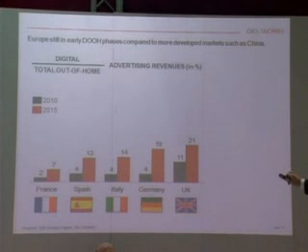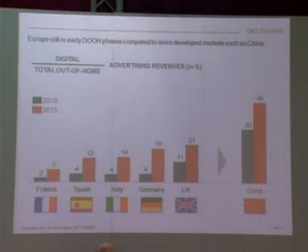It's rather small today, 2010 figures, but even in Germany you can see it's growing by 300%. But, interesting, compared to China, for example, we are much behind the development in China. It's much more advanced when comparing this digital aspect. So there is still a lot of growth potential in Europe and in the Middle East.